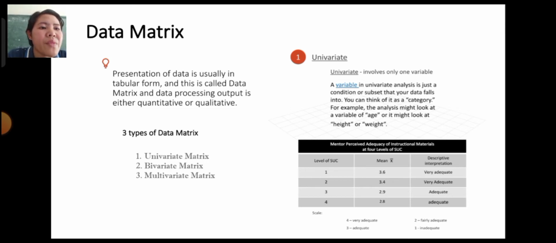Okay, 1, example, the mean is 3.6, means very adequate. 2, and the mean is 3.4, means very adequate. 3, and the mean is 2.9, means adequate. And 4, and the mean is 2.8, means adequate.